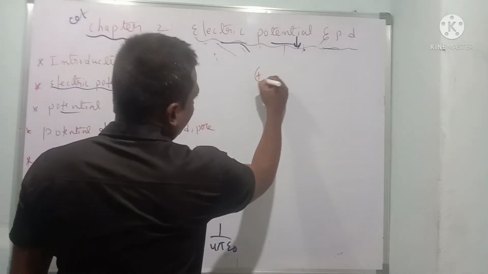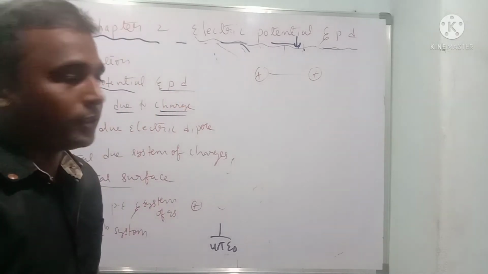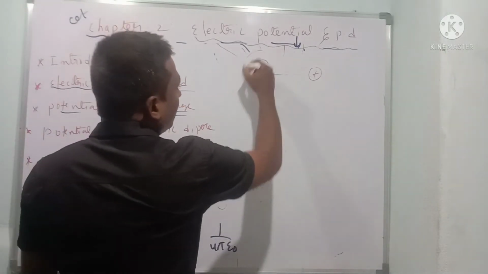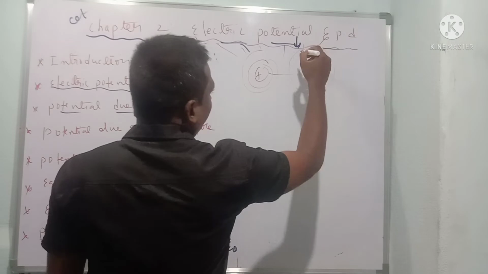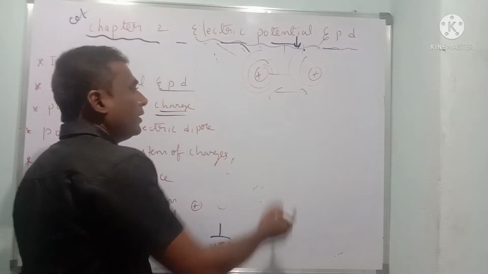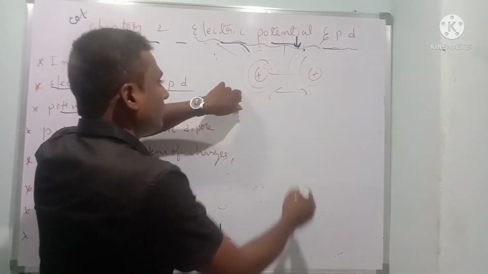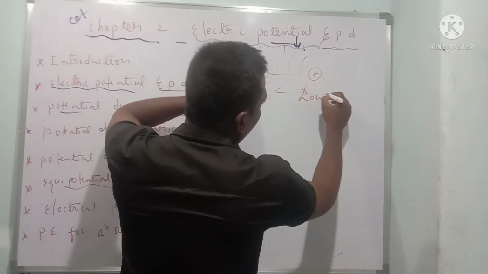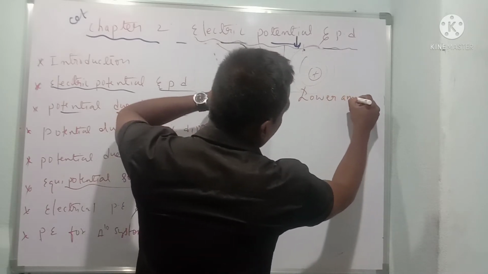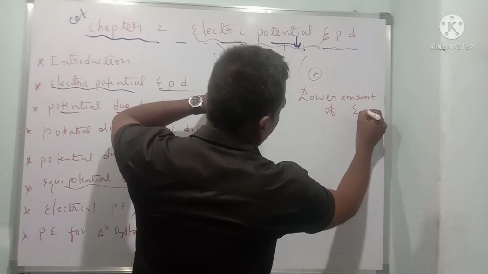Let us take two like charges, that are repulsive. Then the difference between the potential of these surfaces will go on increasing. If the distance between the equipotential surfaces increases, that means a lower amount of electric field.